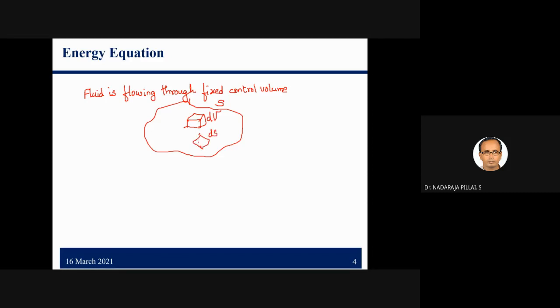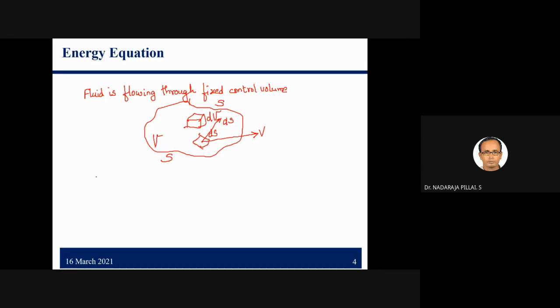This is dS and this is moving at a velocity v, and perpendicular to that per unit area dS we have taken. This is the whole control volume V, this is the whole surface S, and dS is an elemental surface, dV is an elemental volume, and all those things we know.